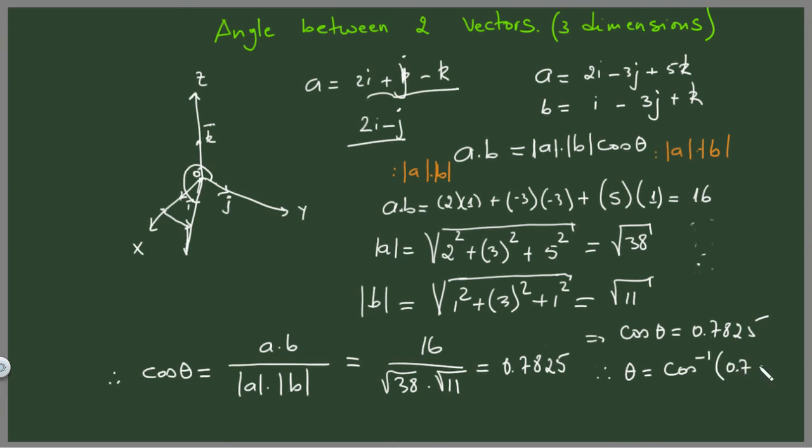In degrees, the angle is 38.5 degrees. This is the angle between these two vectors in three-dimensional space.